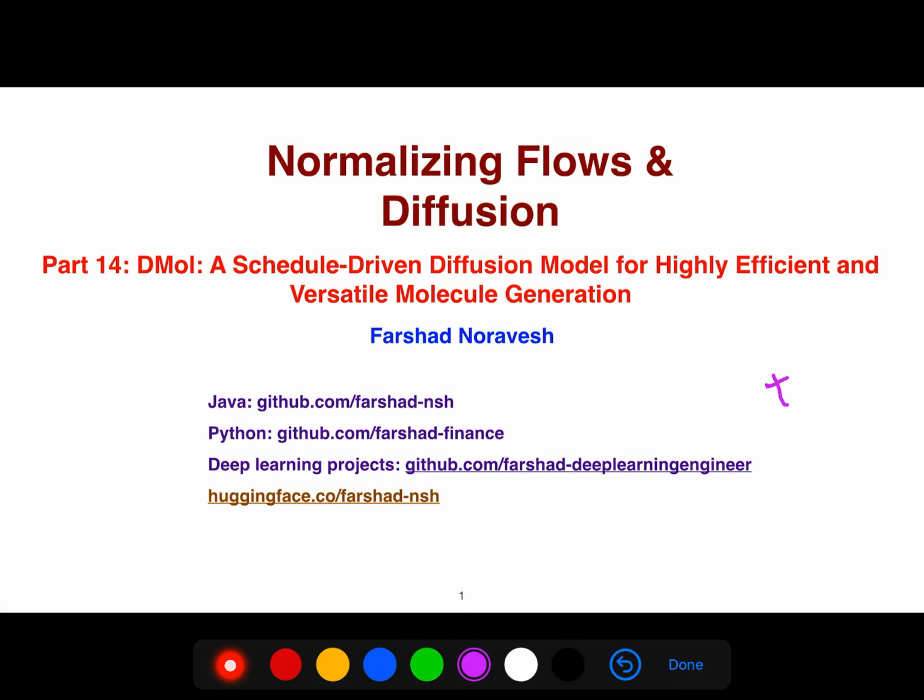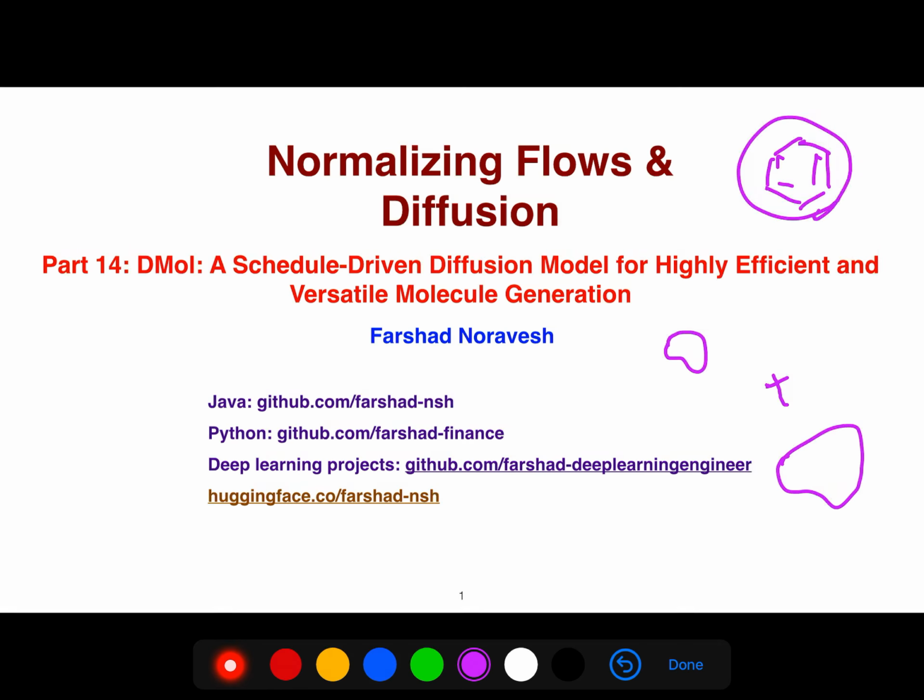The idea of this paper is very interesting because instead of adding noise to all nodes, we add noise to a particular subset of nodes. And also they have some super nodes, because there are some blocks in chemistry that are repeated.